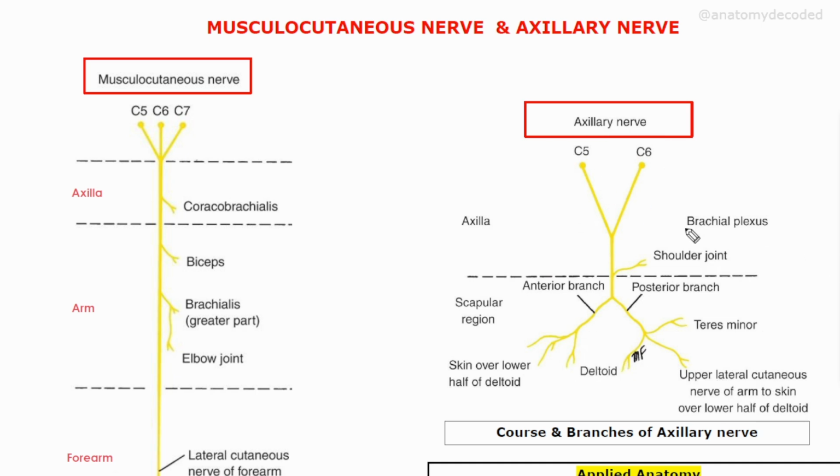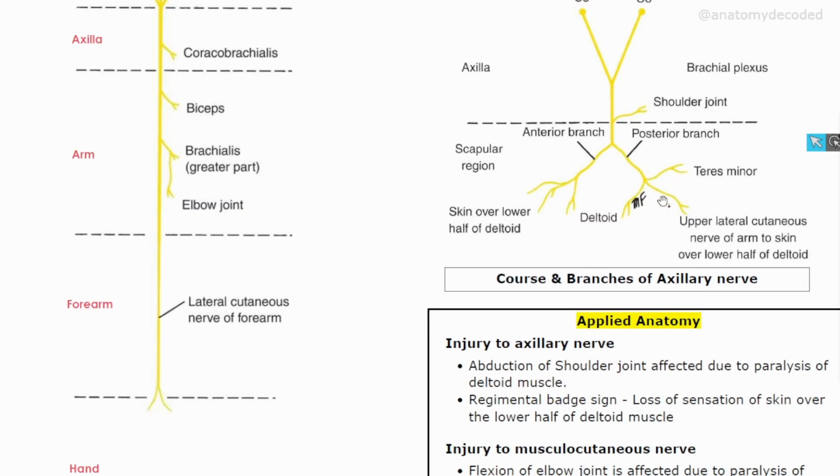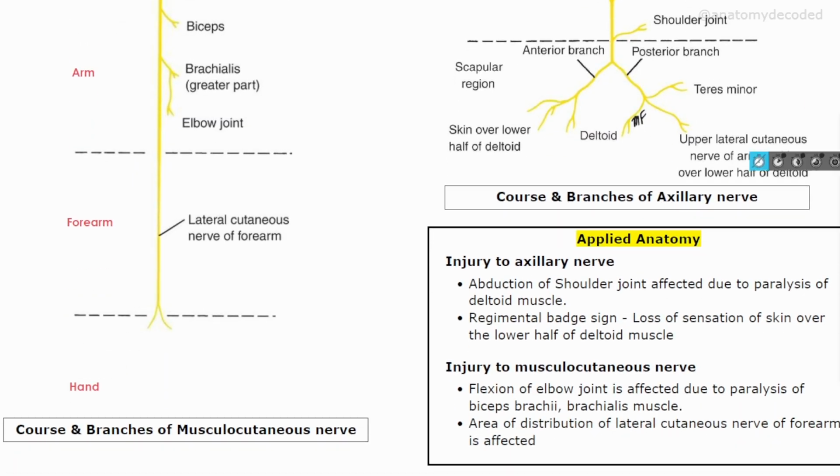Let's see the applied anatomy related to both nerves that we learned now. Injury to the axillary nerve will lead to loss of abduction at the shoulder joint, because the deltoid muscle is responsible for abduction of the shoulder joint. So with injury to the axillary nerve, the arm will assume the adducted position.